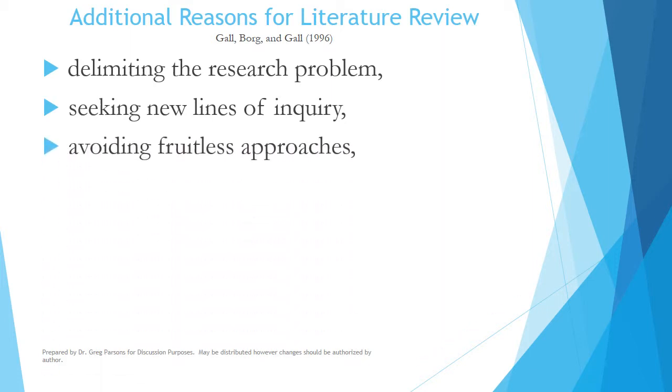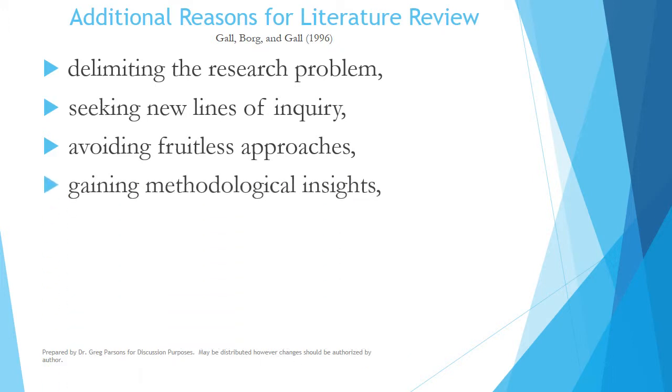You may be thinking about the research in one way, but as you do your literature review, you find there are different ways that would be more productive. It also helps avoid approaches that are not going to yield good results. This is what we're always trying to do with our students: make sure they're in a topic area and approaching it in a way that's likely to produce results.